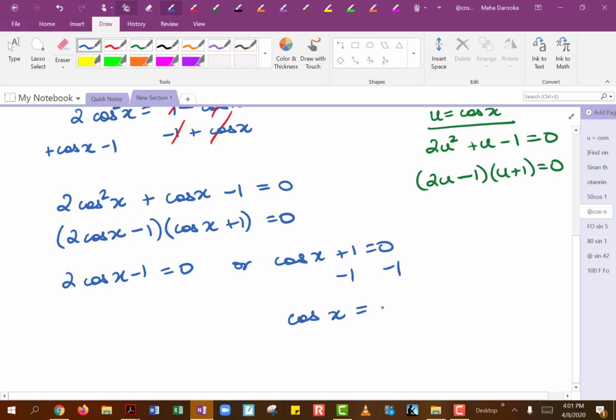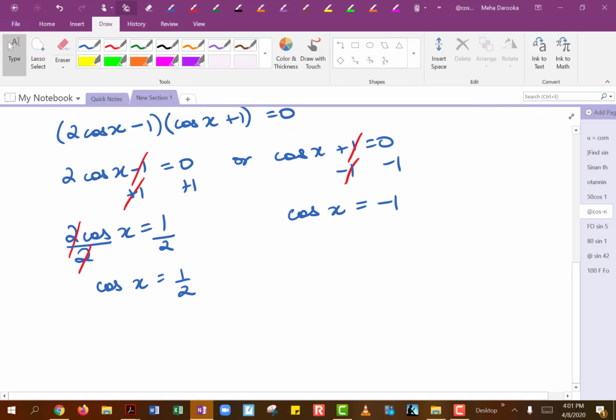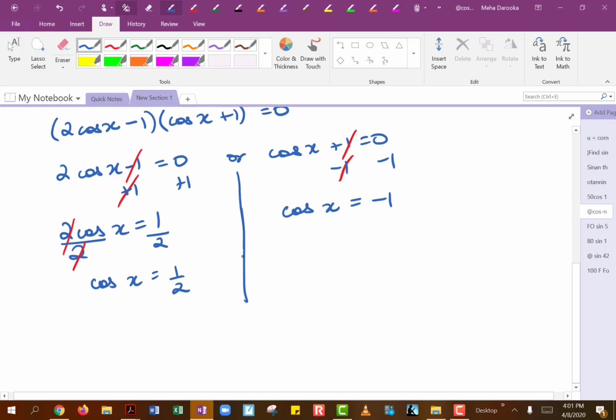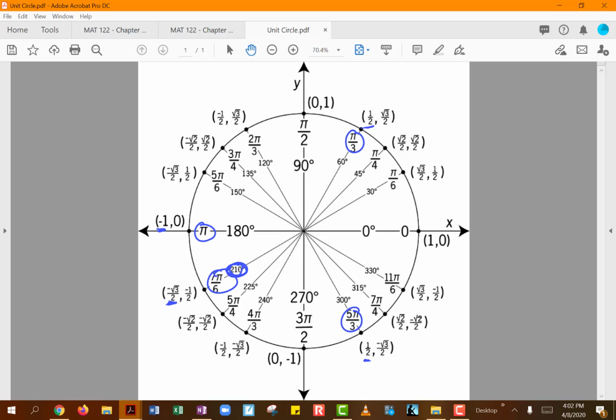So cosine of x will be negative 1. And then here we add 1, then divide by 2, and we end up getting 1/2. So these guys will cancel out. For the one where you have positive 1/2, you can see it's going to be those same values.